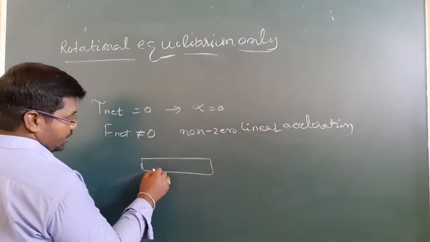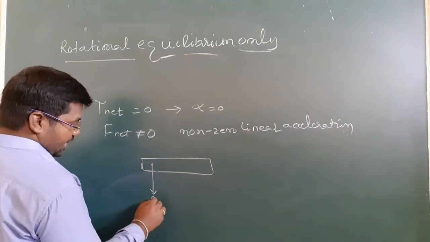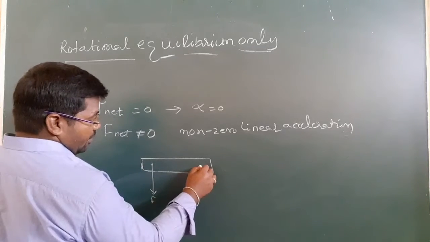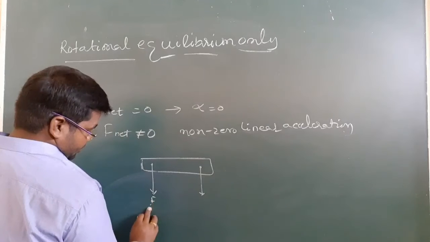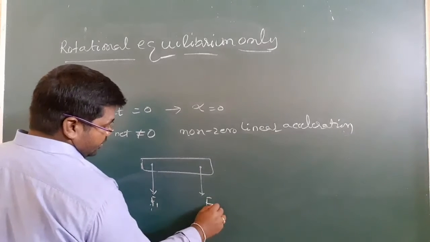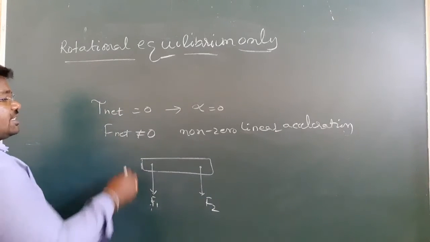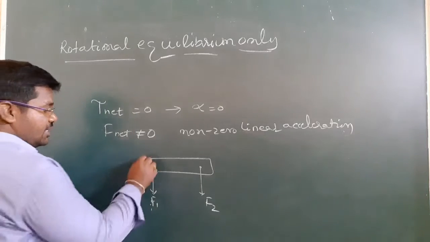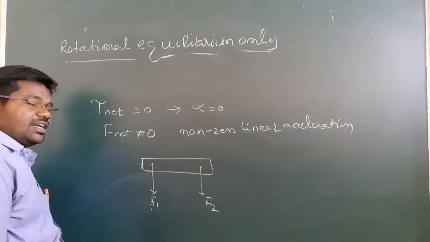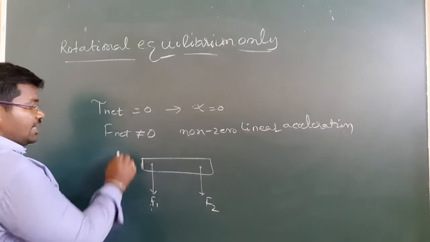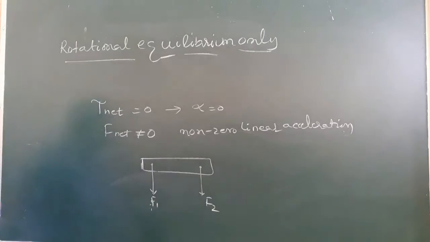Understand? Here two forces are acting, say F1 and F2. See here, net torque acting on the body is 0, but net force is not equal to 0, my children.